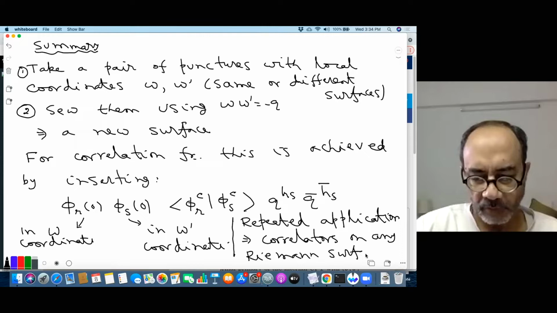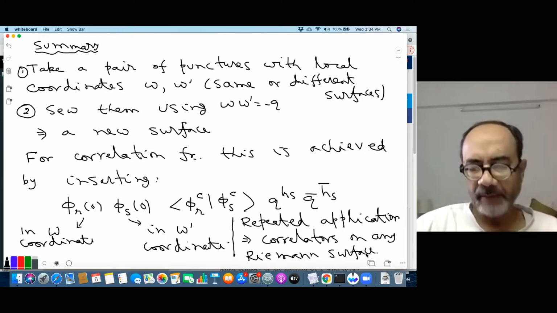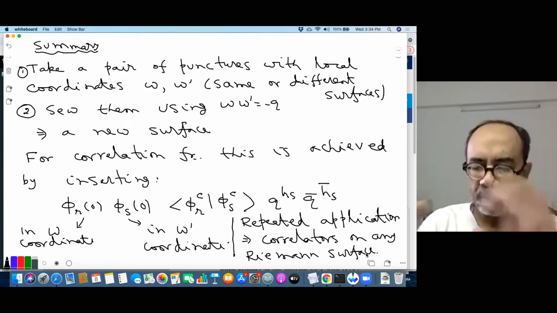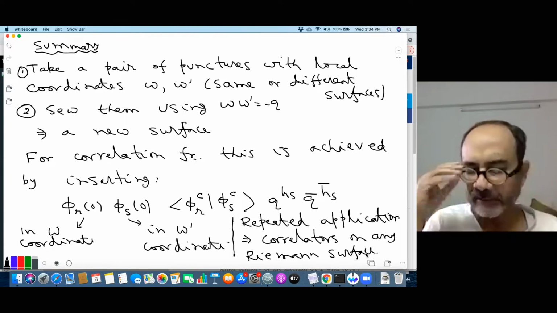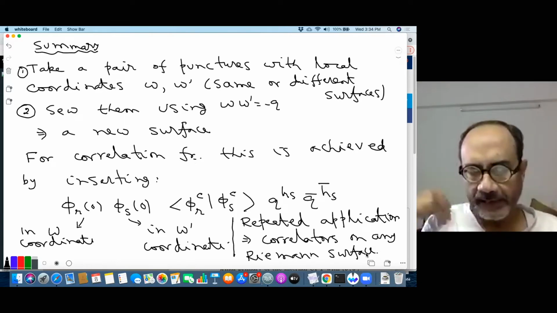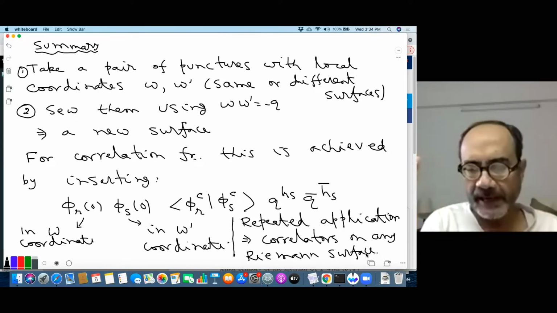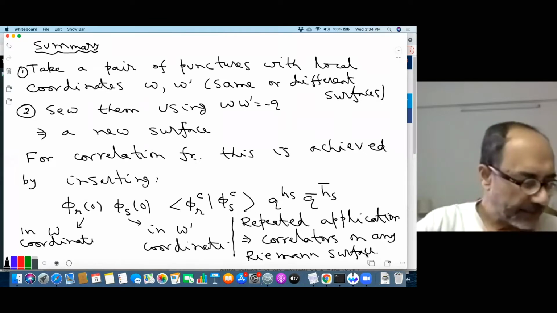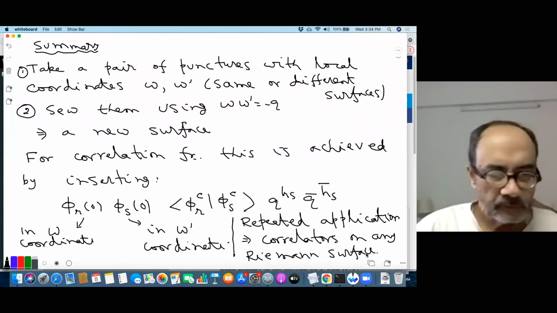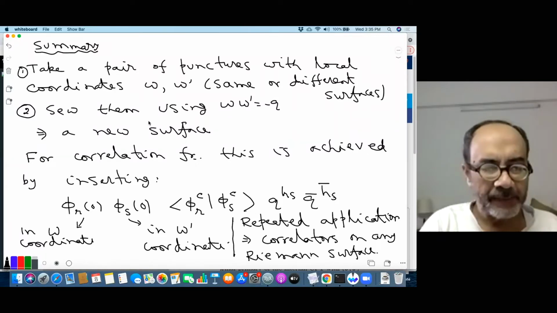Because the higher genus Riemann surface you can build by sewing together punctures on a sphere. If you take a sphere and you sew together n pairs of punctures, you basically add n handles, so this becomes a genus n Riemann surface. So this is an in principle construction.